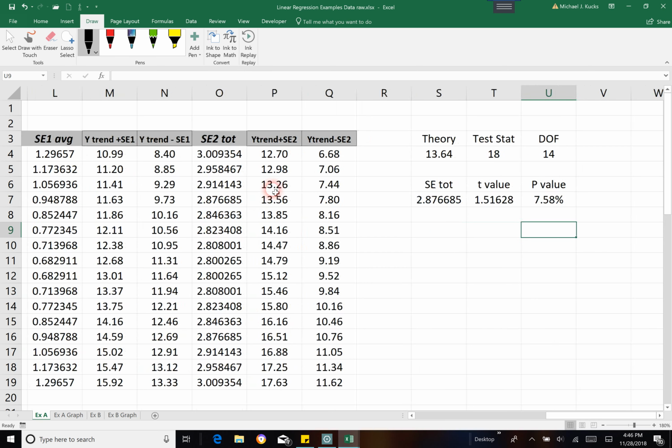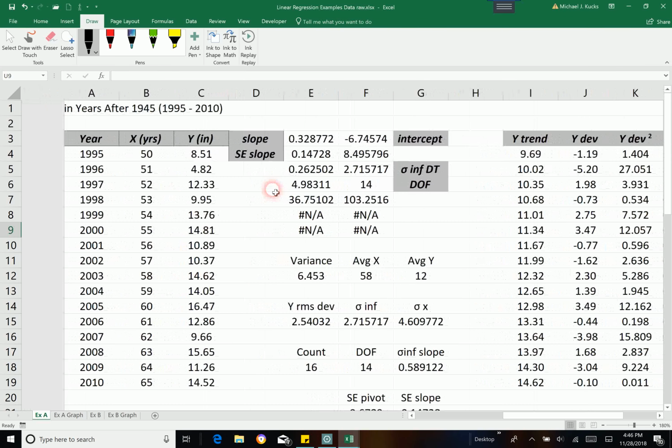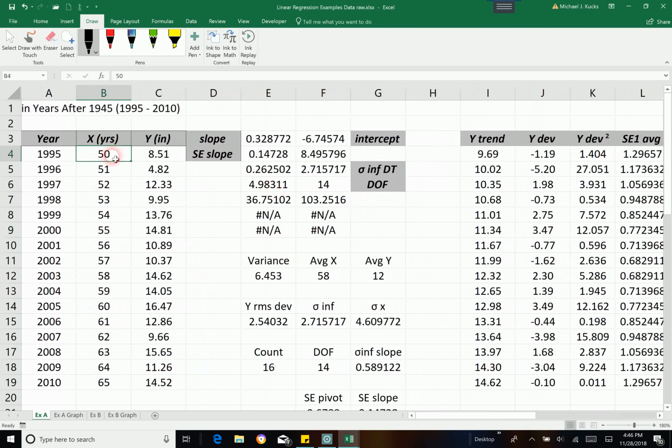All we've done now is we've found a way to take a set of data that is ordered pairs. I have x values and y values that go in pairs. Here, it's the year after 1945 and the average snowfall. And those have to stay together in pairs.